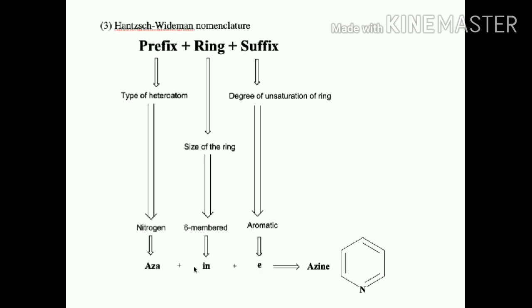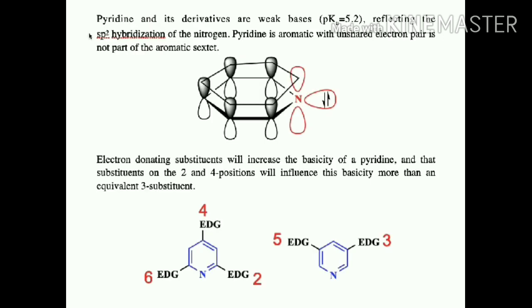So if we combine the prefix, ring and suffix, we get azine. So that is what I mentioned in the beginning, that pyridine is a six-membered heterocycle of the azine type. This azine has been derived from the nomenclature of Hantzsch-Widman.